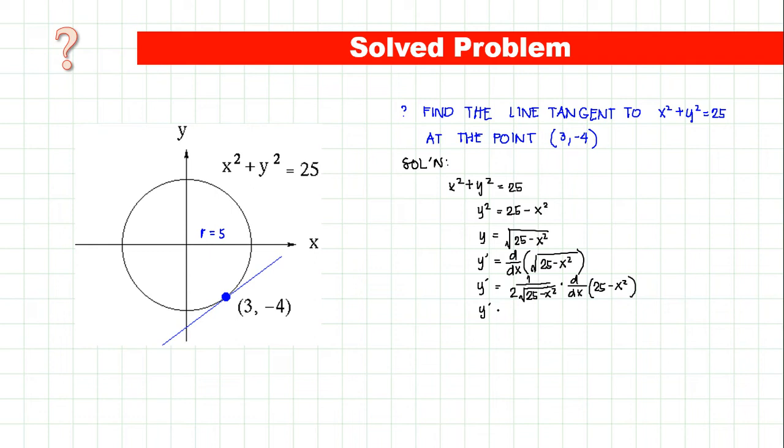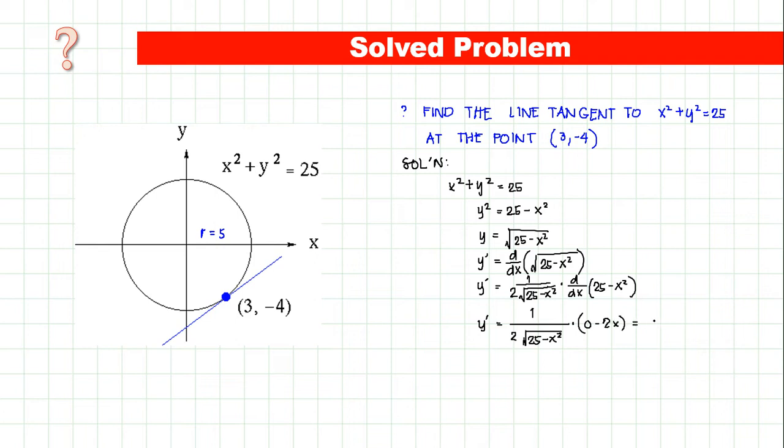So y prime is equal to 1 all over 2 times the square root of 25 minus x squared, times 0 minus 2x.